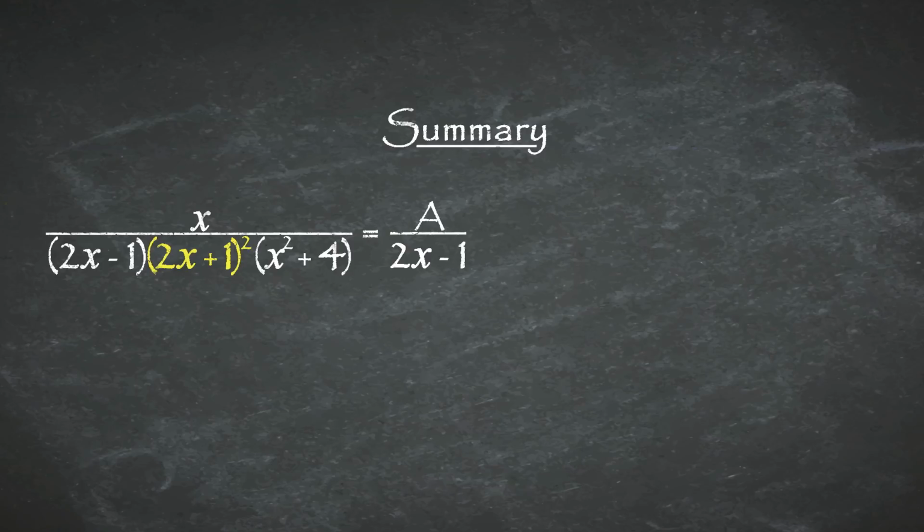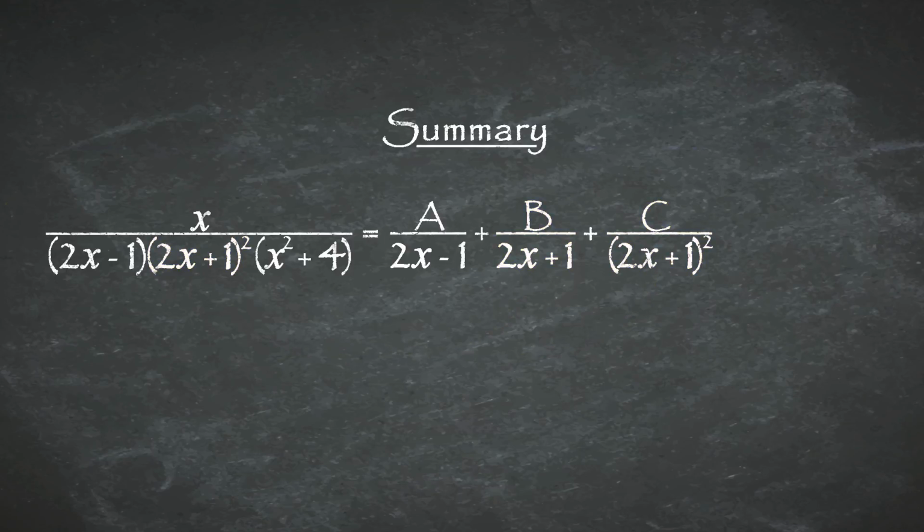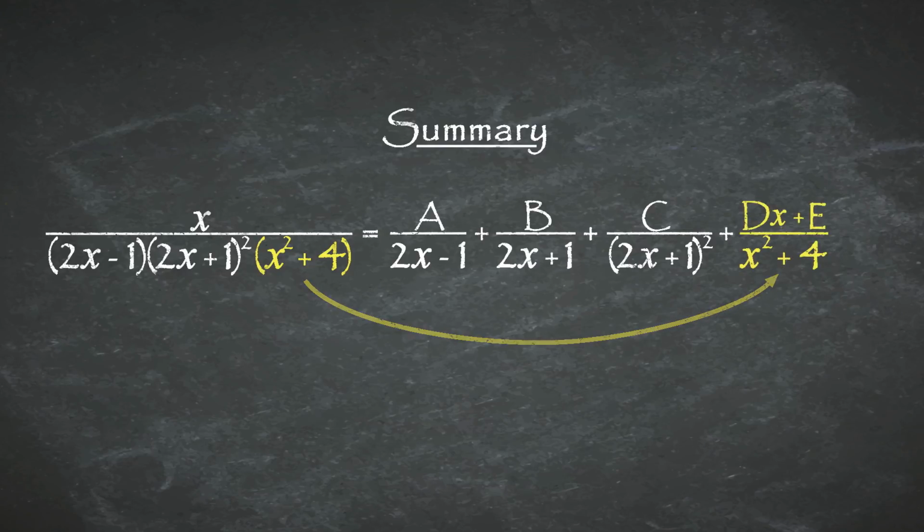Next, 2x plus 1 is repeated, so it corresponds to these partial fractions. Finally, the quadratic factor x squared plus 4 cannot be factorized further, and so it corresponds to this partial fraction. So we have covered all three possible types of factors.